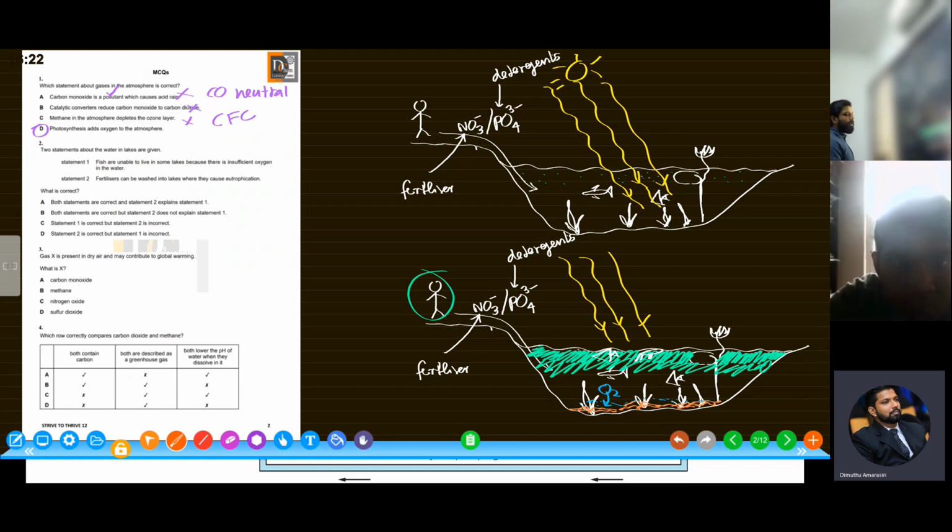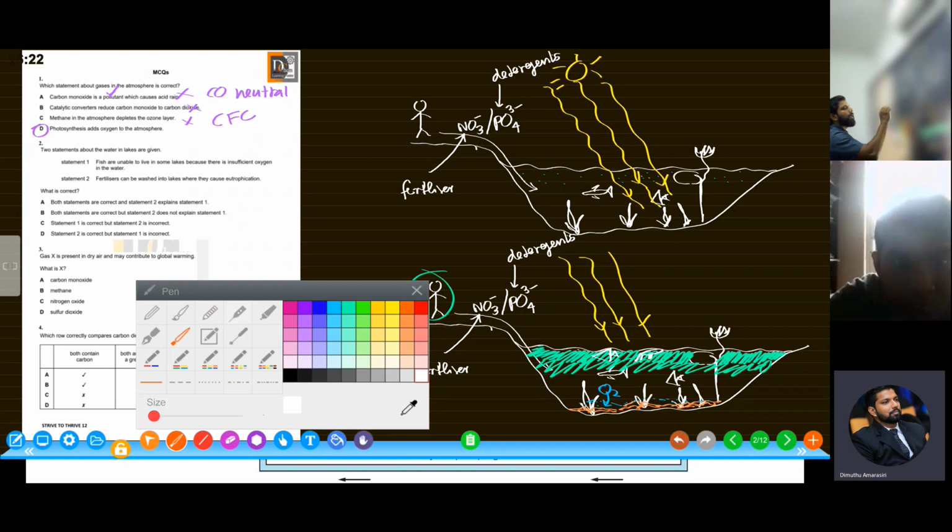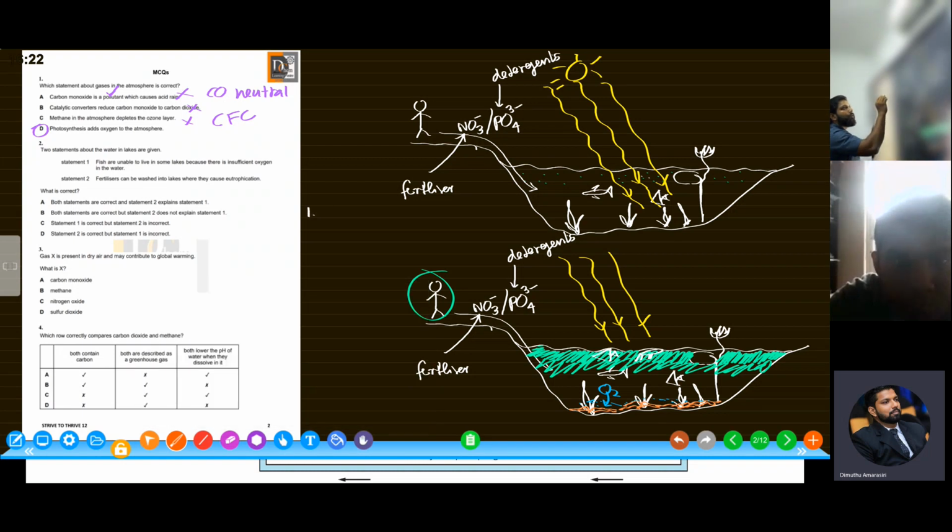Eutrophication can be explained in 4 or 5 steps. First of all, due to nitrates and phosphates, what happens first? Algae bloom. That's the first thing. Then sunlight can't go to the bottom of the water reservoir.